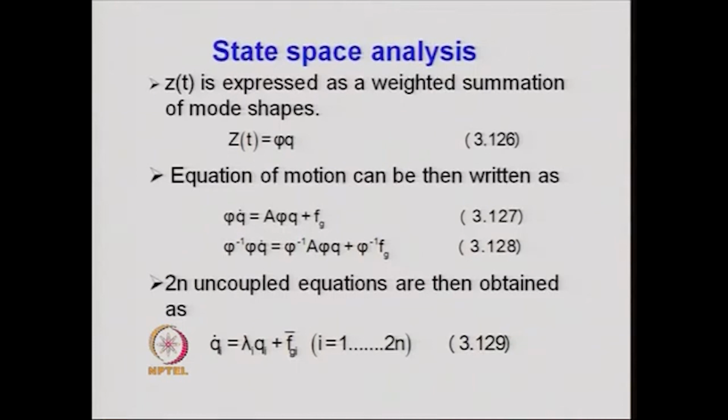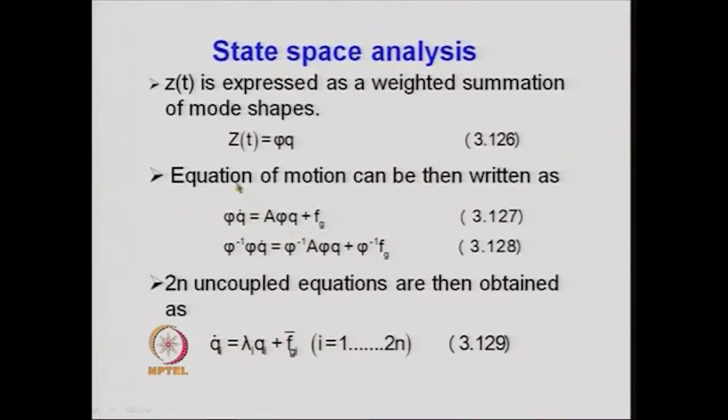That is, we write down the displacement z(t) is equal to phi into q, where phi is the mode shape matrix and q is the generalized displacement, and then substitute into the state space equation, which is of the form z dot is equal to Az plus Fg, as we have seen before.